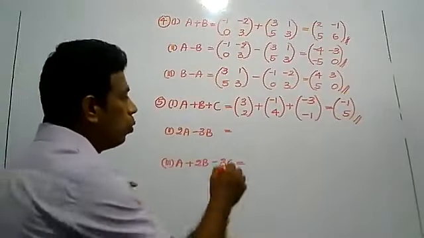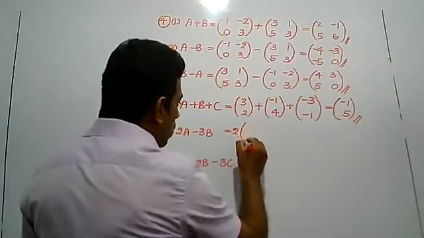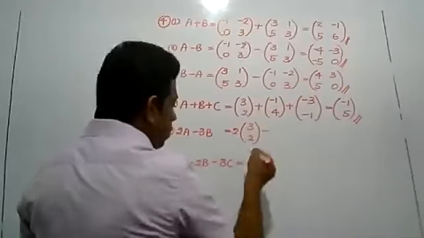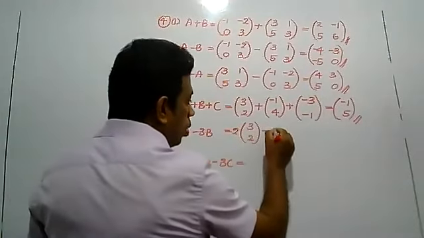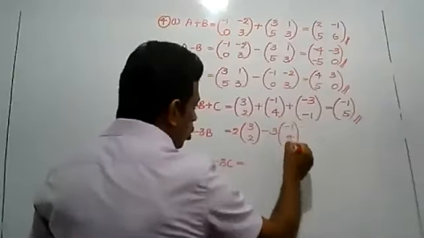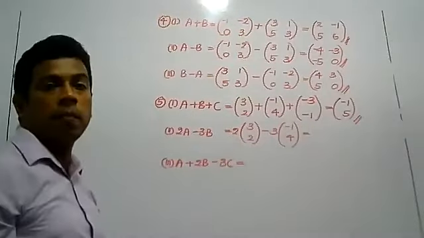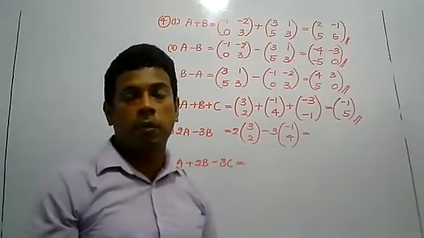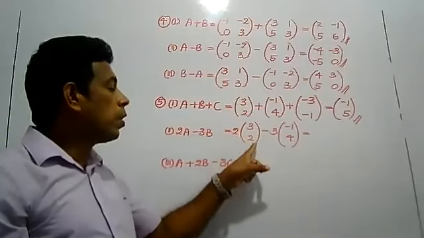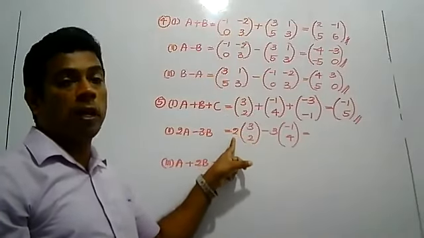Question number 2: 2 times matrix A minus 3 times matrix B. The method is multiplication of a matrix by a whole number.